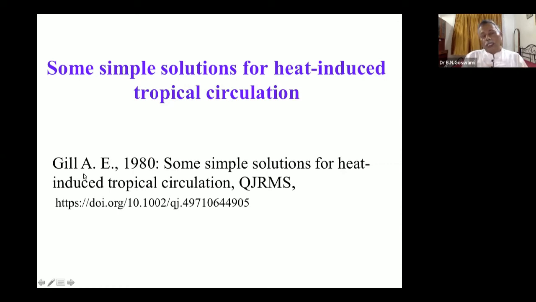He showed that we can actually solve this for even very complicated localized heat sources, which can be decomposed into a number of symmetric and antisymmetric heat sources. And then for each of these symmetric and antisymmetric heat sources, we can go back and find out the forced solution, and then you add up. You can do that even analytically, and that was the beauty of this.